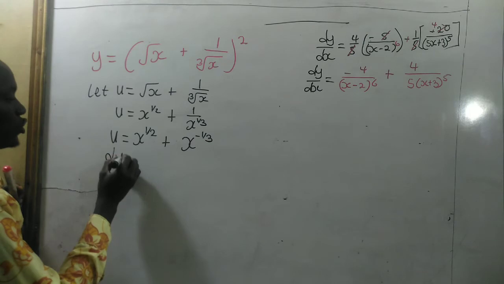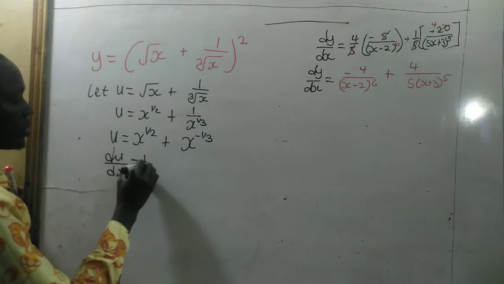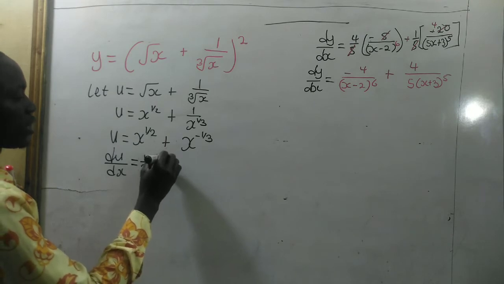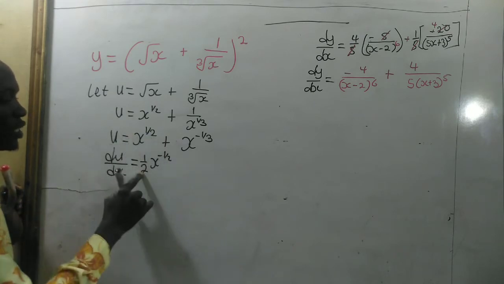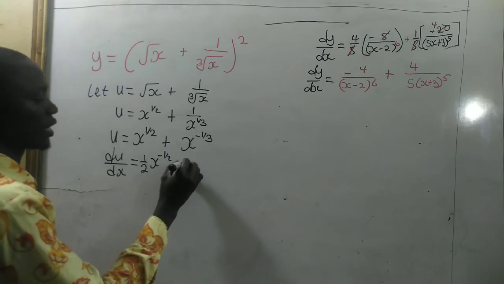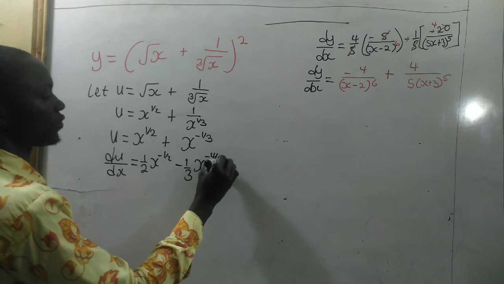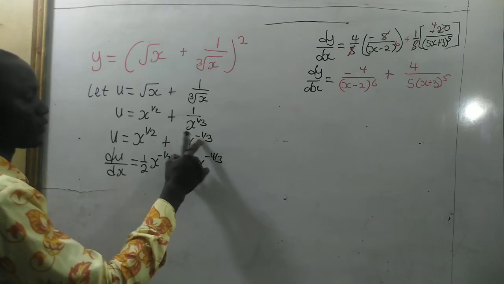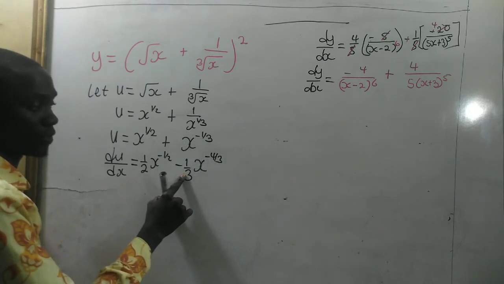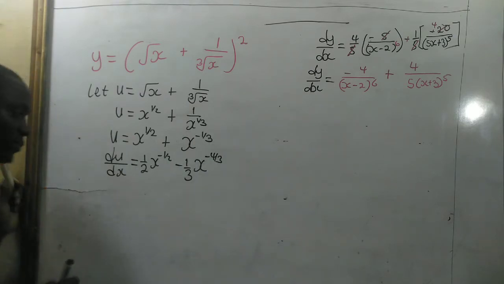So here, du on dx is equal to half of x to the power negative 1 out of 2. And this half times this will give what you have. If we subtract 1, you get negative 1 out of 2. And this is minus 1 out of 3, x to the power minus 4 out of 3. Minus 1 out of 3 times 1 will give you minus 1 out of 3. Minus 1 out of 3 minus 1 will give you minus 4 out of 3.